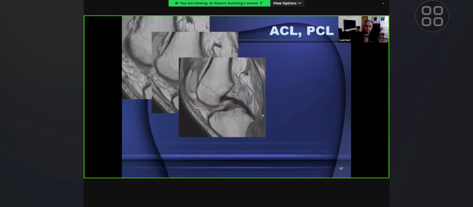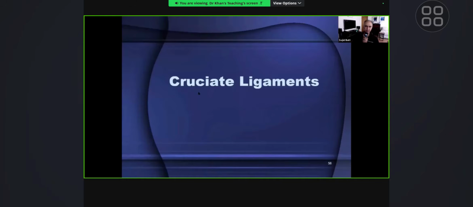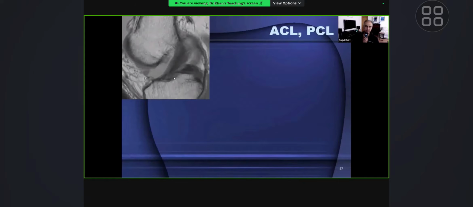The posterior cruciate ligament has got more of a bland, dark, ligamentous appearance to it, whereas the anterior cruciate ligament has clearly two bundles, the anteromedial bundle and the posterolateral bundle. The anteromedial bundle looks like the PCL, but it's thinner in size, and the posterolateral bundle has more of a fan-shaped appearance, which is present posteriorly.